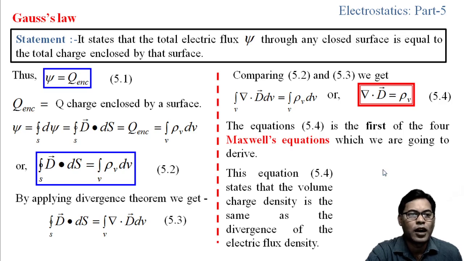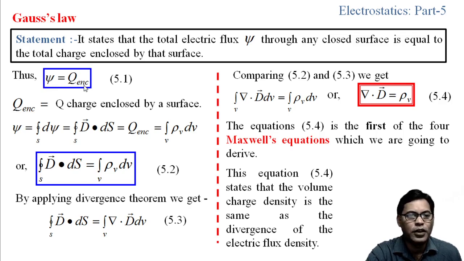Here, Gauss law says that the total electric flux psi through any closed surface is equal to the total charge enclosed by that surface, and mathematically we can say the total flux psi will be equal to the Q enclosed.